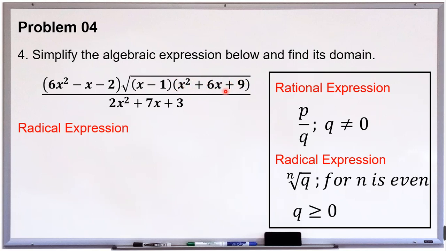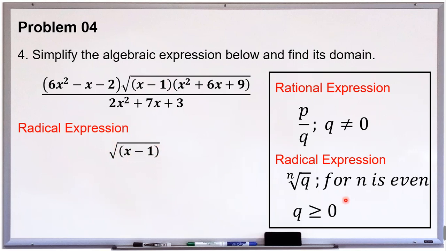We all know that this is a perfect square. So this can still be extracted out from the radical expression. So what's left is only the square root of x minus 1. So this one is already in its simplest form.